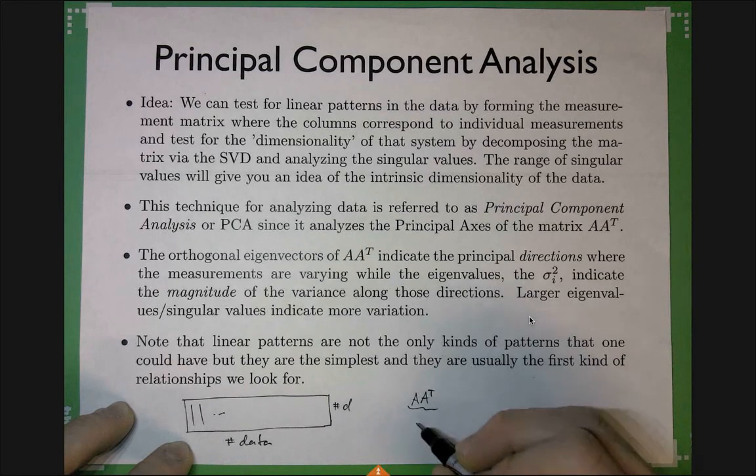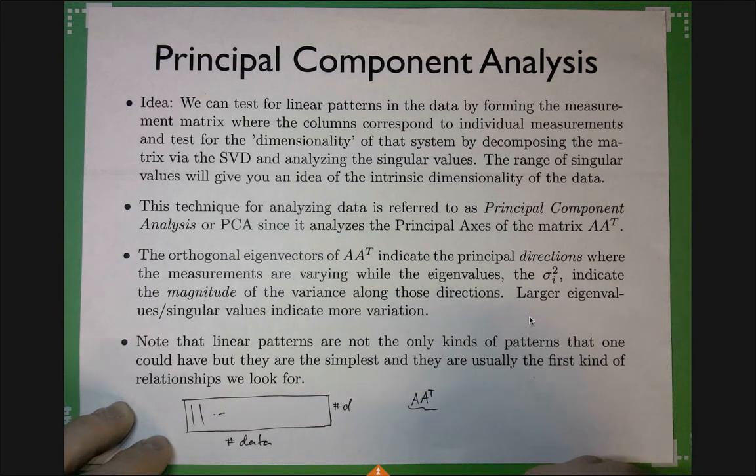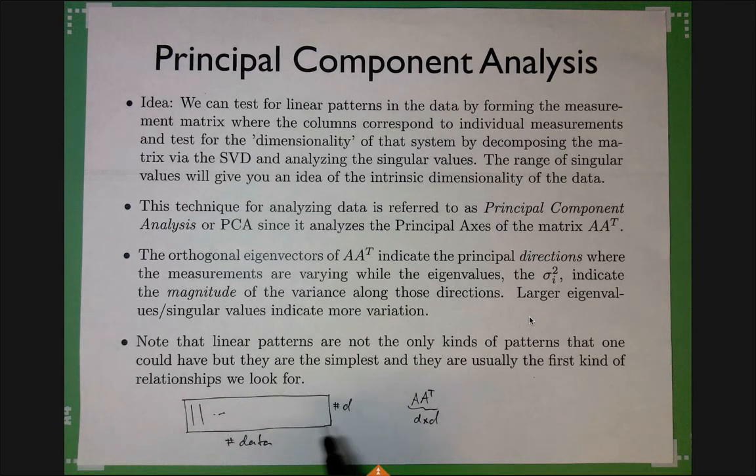So the dimension of AAT is what? It's D times D. Interestingly, it doesn't depend on the number of your data samples at all, which is sort of interesting. If you take 1,000 measurements or 1,000,000 measurements, the dimension of this matrix will always be the same.